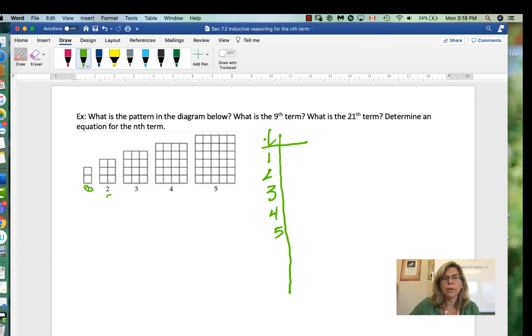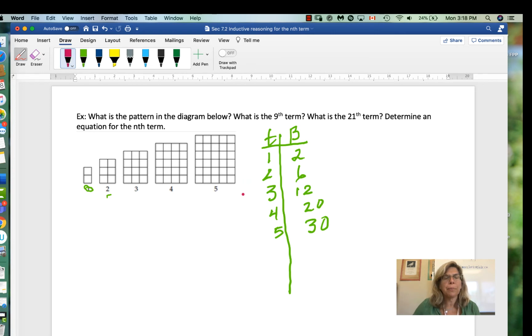So this is the term and this is the number of blocks. We'll call it B. So in the first term, we have 2 blocks. In the second term, we have 6 blocks. In the third term, we have 12 blocks. In the fourth, we have 20. And the fifth, we have 30. It looks familiar, doesn't it?